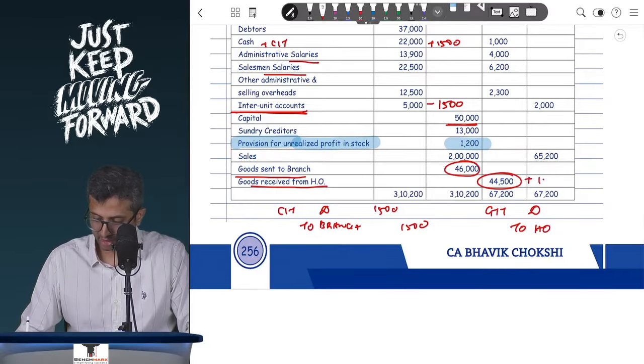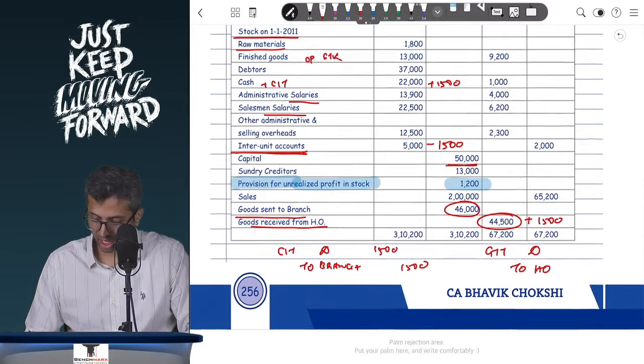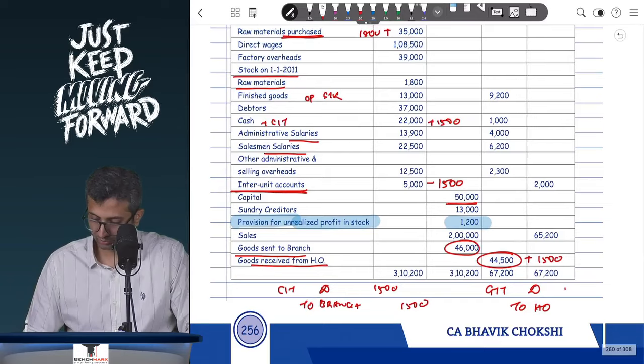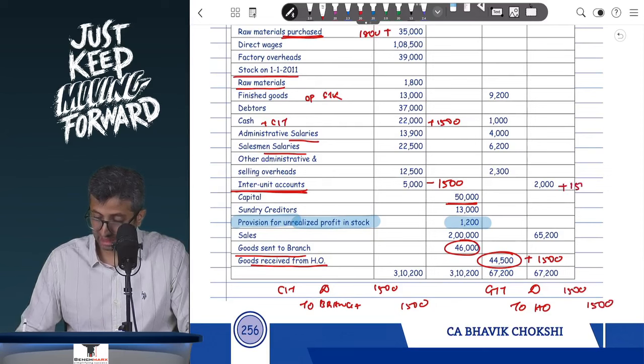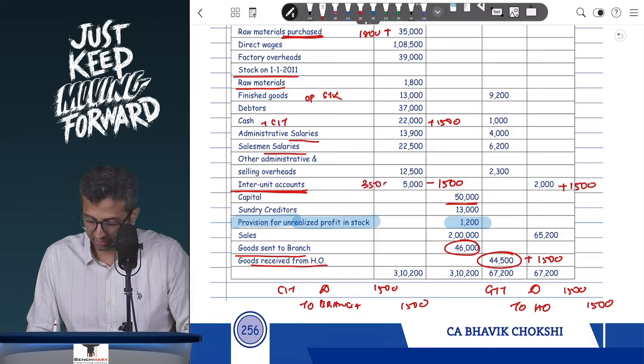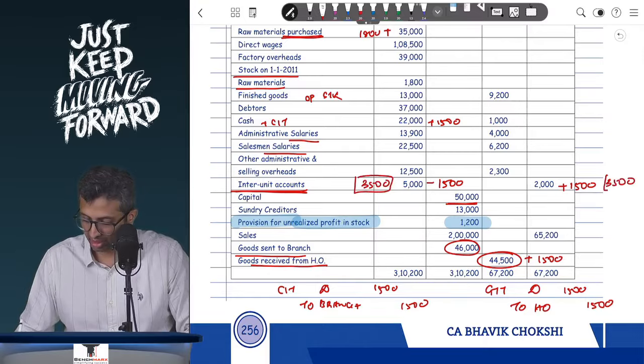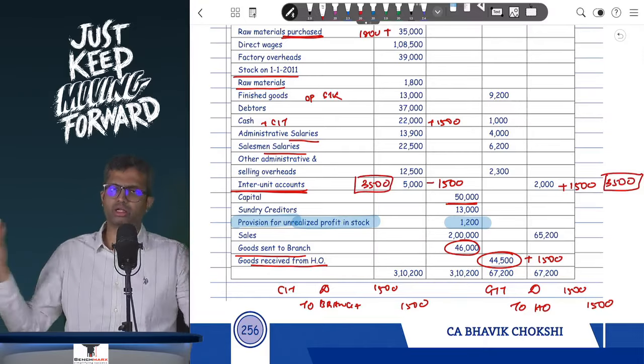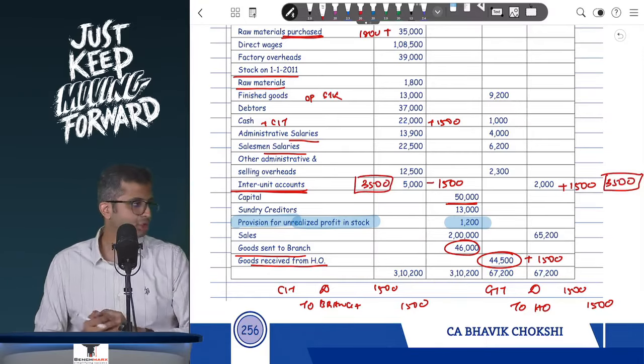So goods in transit plus 1500 and to HO, which is worth 1500. So this is credit increasing by 1500, and hence this will come down to 3500 net debit. This will come to net 3500 net credit, and hence these inter accounts will ideally knock off, cancel.